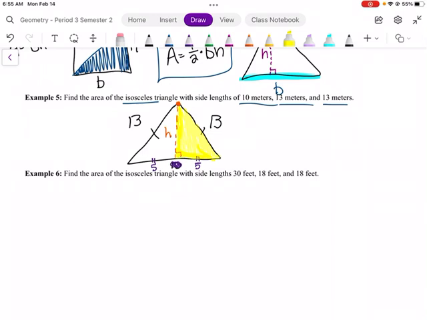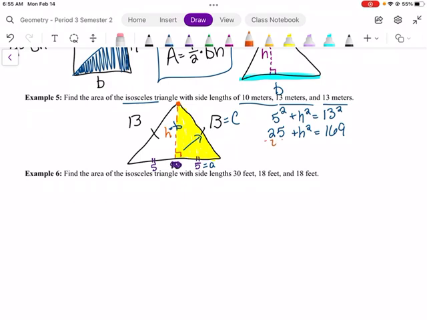So we know 13 is C because that's across from the right angle, and then A and B can be our H and our 5. So we'll have 25 plus H squared equals 169. Then we'll subtract that 25 on both sides.